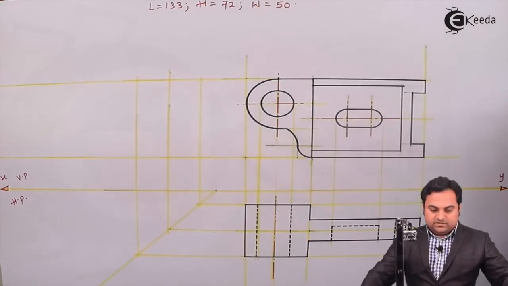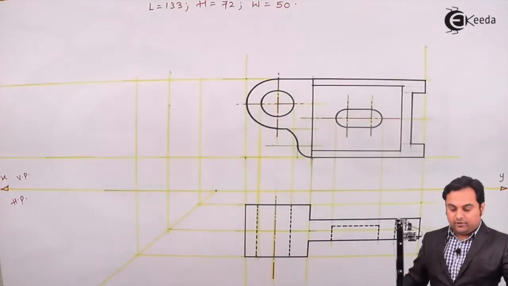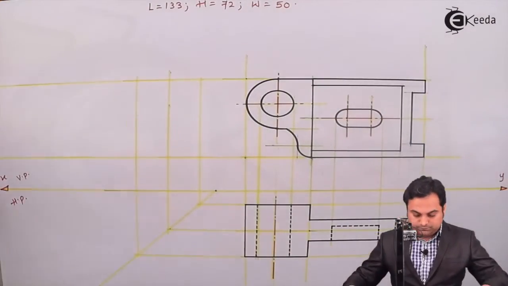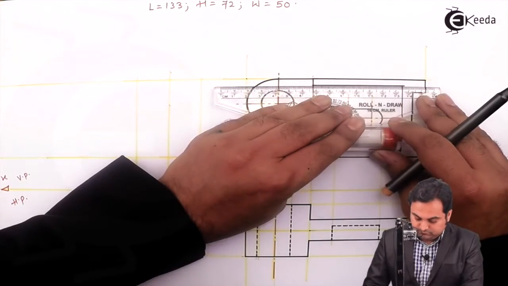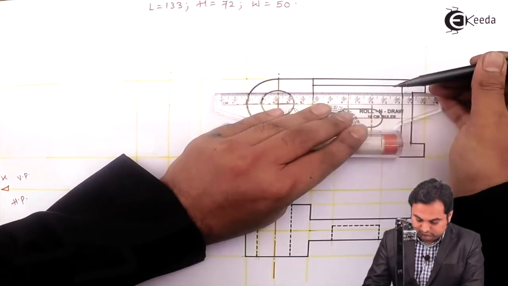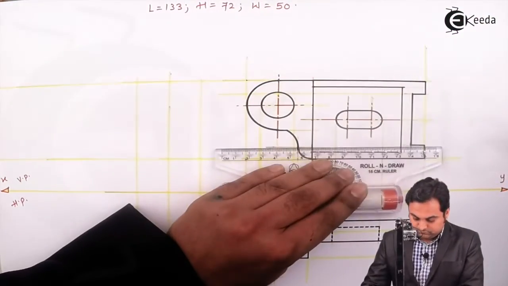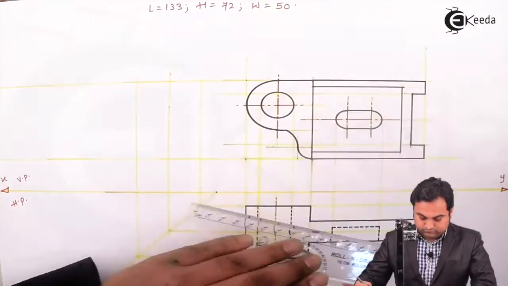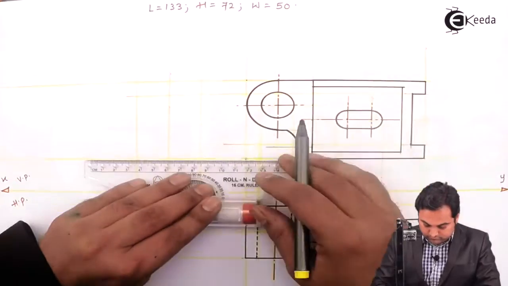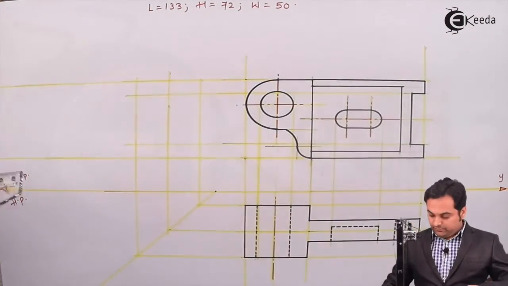Those rectangles are having width of 20. Heights, I'll get it from the front view. Width will be projected from the top view.